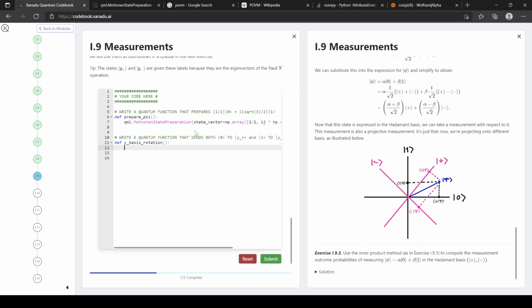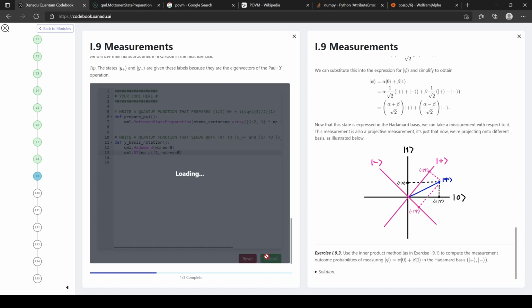So we can do what's the exact rotation? RZ pi over 2, I think. Let's see if this is right.